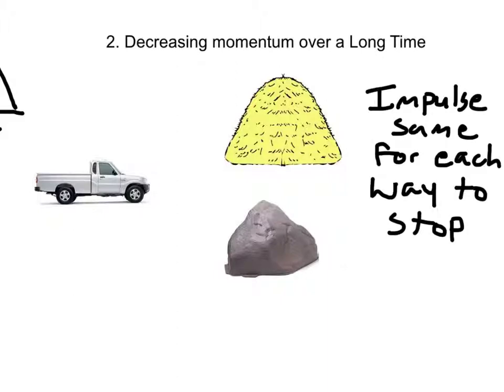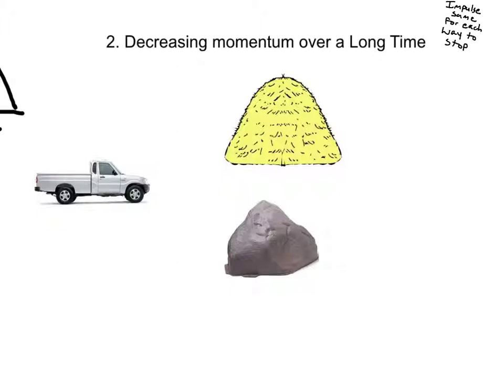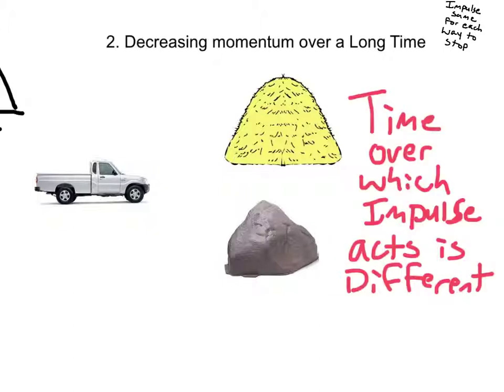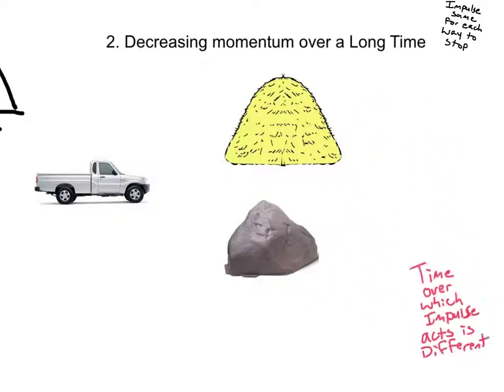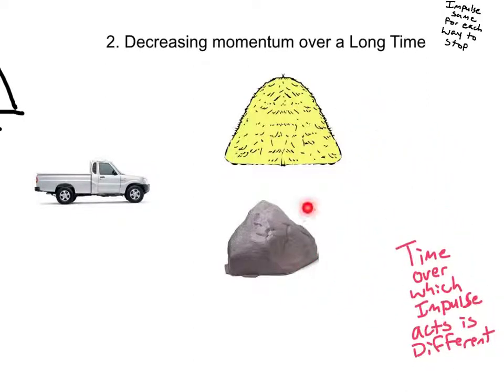So the impulse is going to be the same for each of these two ways to stop your speeding out of control car. Okay? But what's different is going to be the amount of time that it takes to change that momentum. So the time over which that impulse acts is different for these two cases. The boulder will change the momentum over a very short time interval, while the hay will change the momentum over a much, much longer time interval.